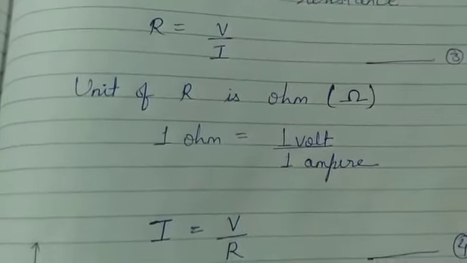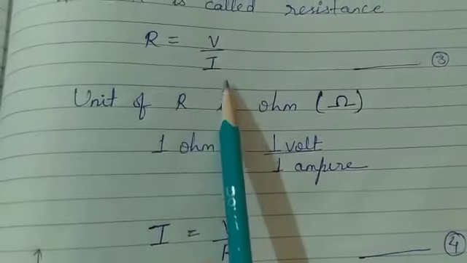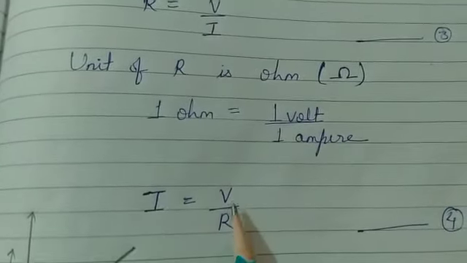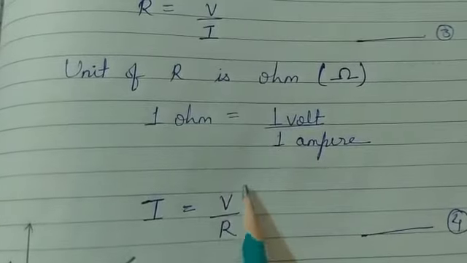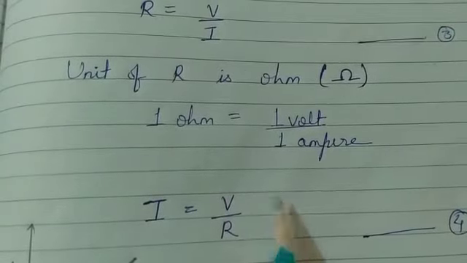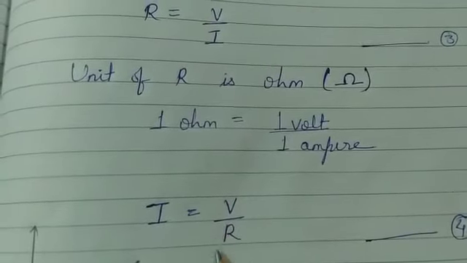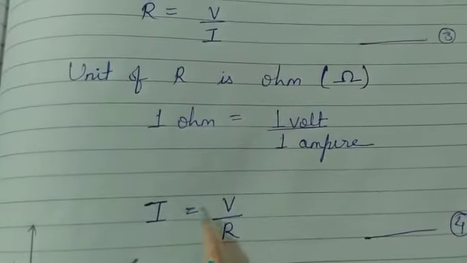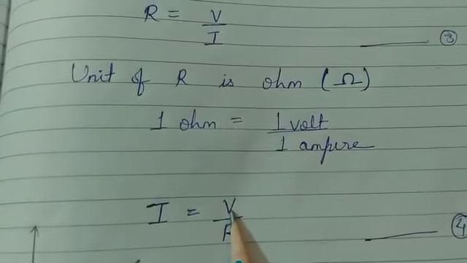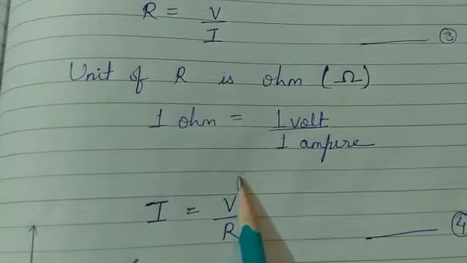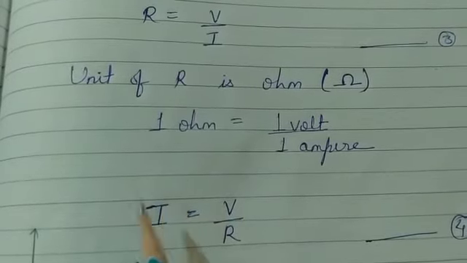Okay, then from this equation we can also write I equals to V upon R. So here students, you can see, if we put R equals to constant, so I is directly proportional to V. That means in increasing the value of V, the value of I also increase.